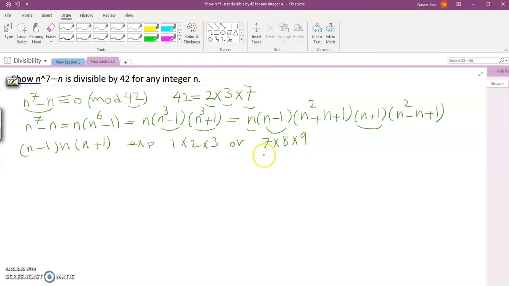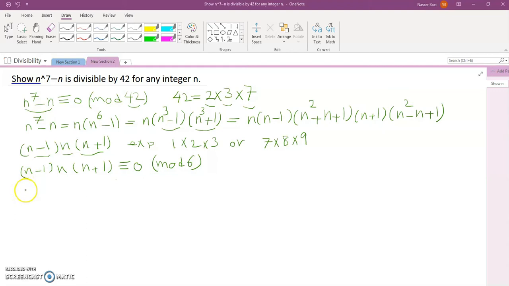So there are three consecutive numbers. Here definitely we will have a factor of 2, and we will have definitely a multiple of 3. So this part is congruent to 0 in mod 6. So if we can show the main part is congruent to 0 in mod 7, we will reach our solution.